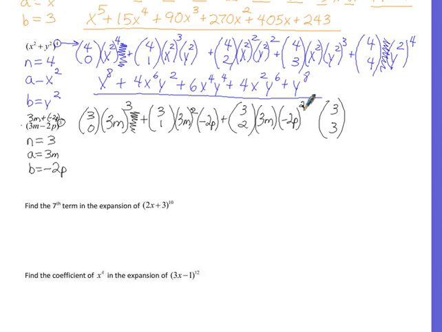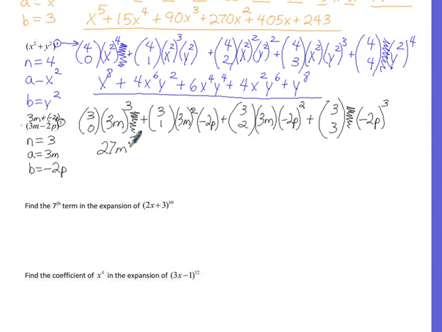The negative is going to disappear in that case. And then not in the next case, where 3m to the 0 power, and then negative 2p to the 3rd power.